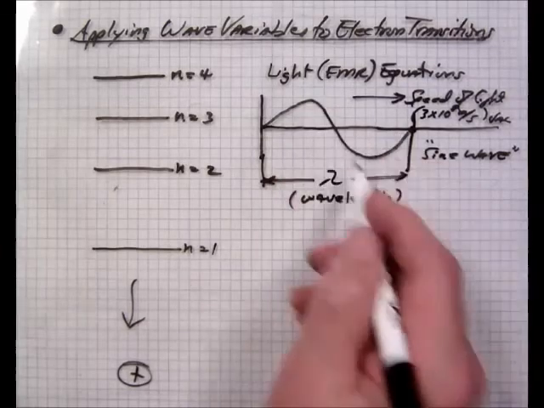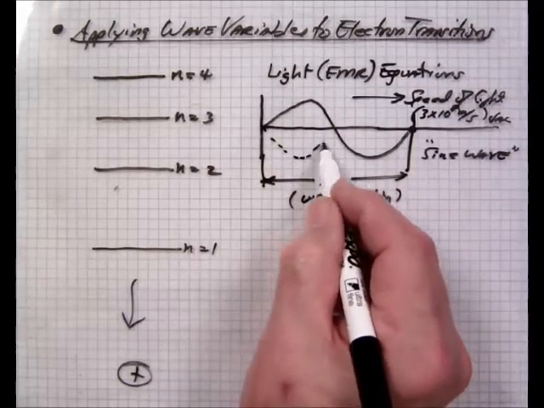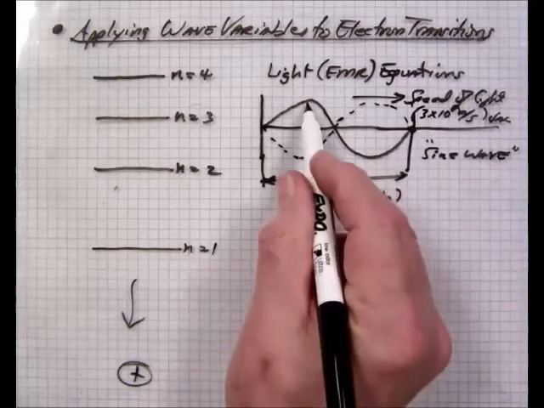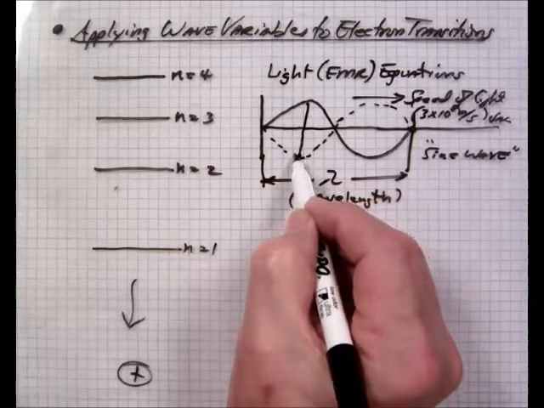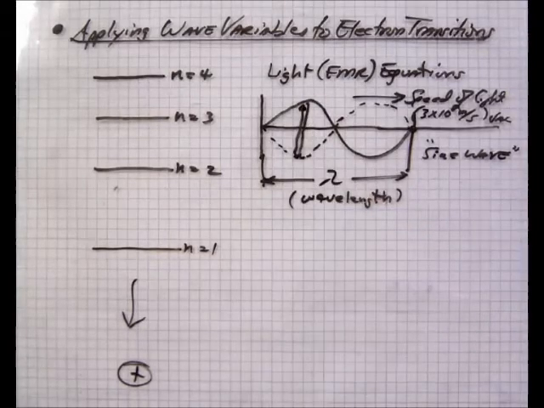The wave is oscillating through a minimum and a maximum. And the time it takes to go down to the minimum and back up to the maximum is called a frequency of oscillation.